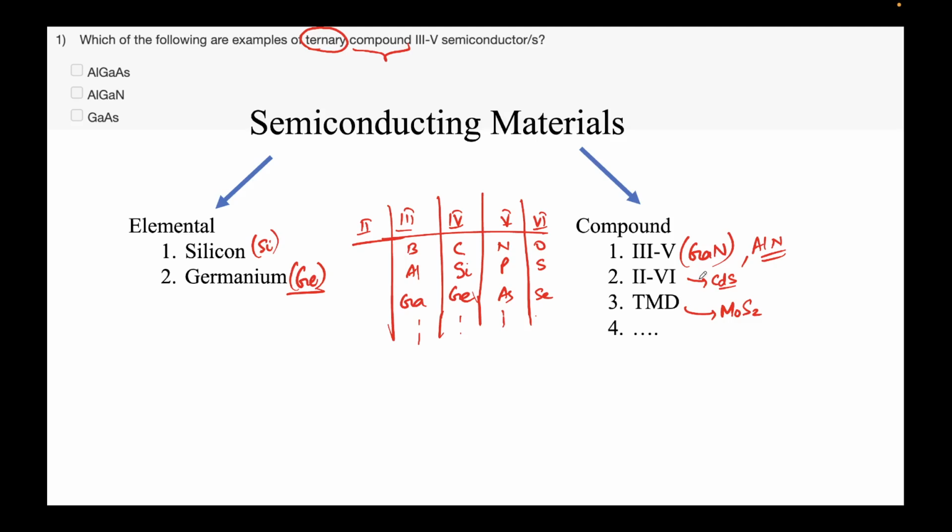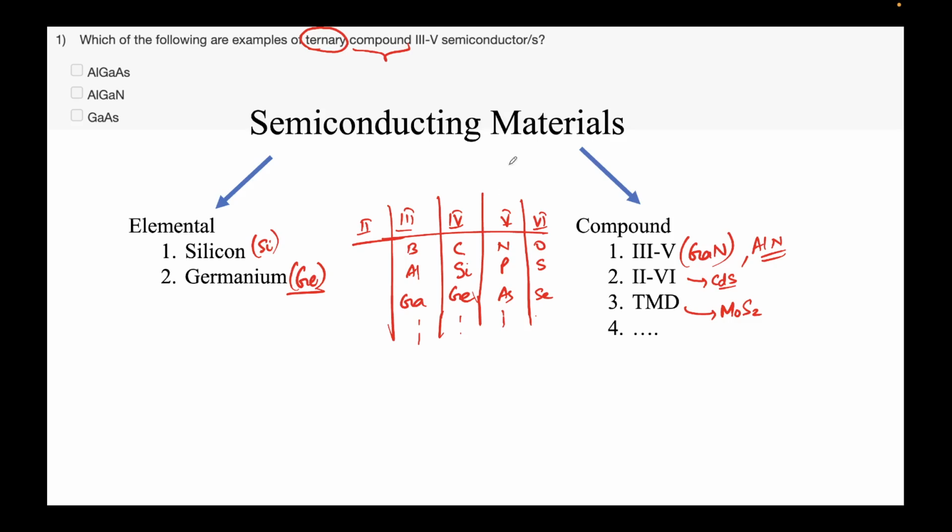So this is another class. There are different compound semiconductors that exist, not just elemental ones. That's one of the key differences: compound semiconductors and elemental semiconductors.